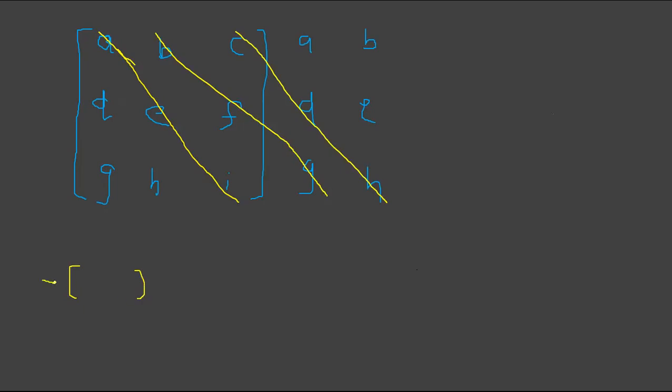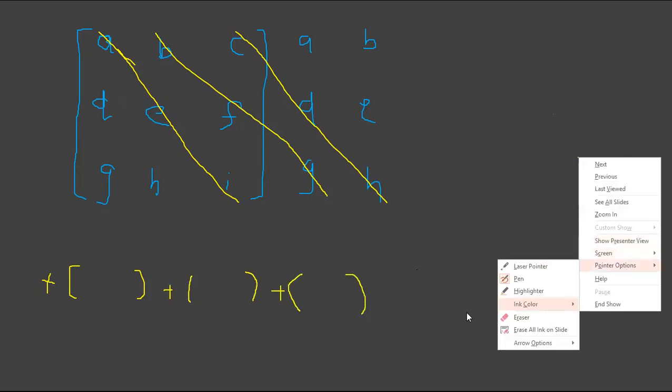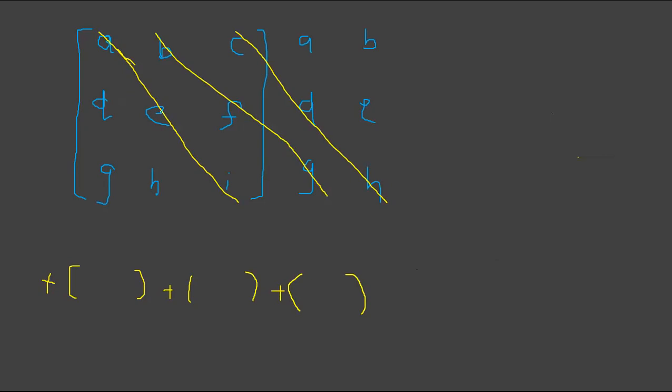That is plus, that is plus, that is plus. And you can subtract, you subtract what? You subtract these three diagonals, right? You multiply this, subtract, multiply this, subtract, multiply this, and subtract. That's the easy way to take the determinant, right?